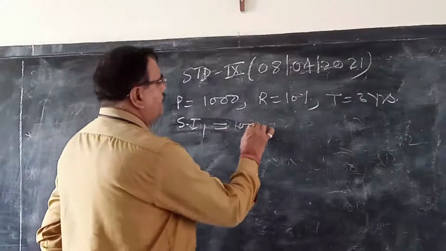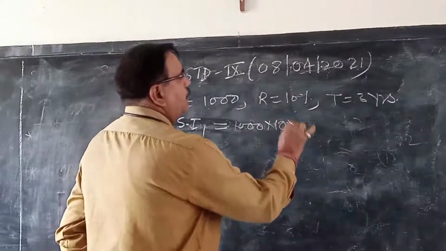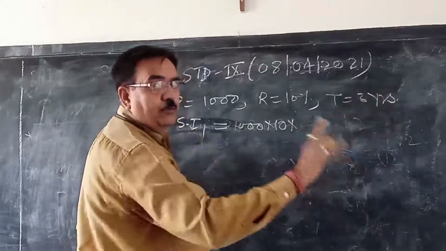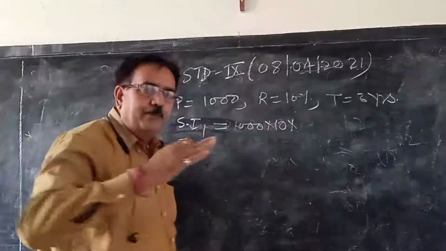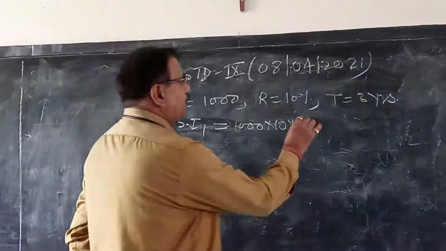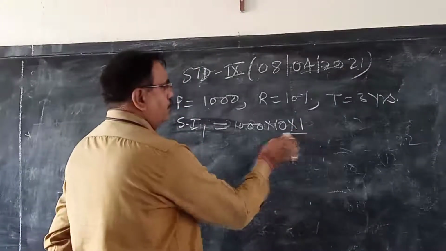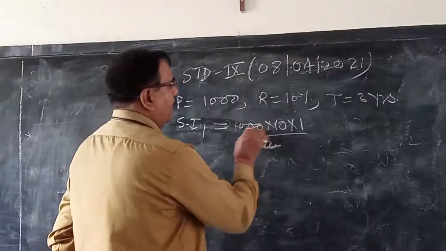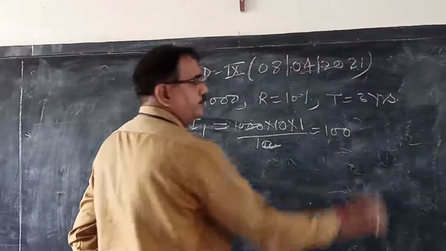P is 1000, R is 10, time 1 year we will take: 1 year, second year, third year. Every year we will find the interest. So for the first year we write 1 by 100, cancel, rupees 100.